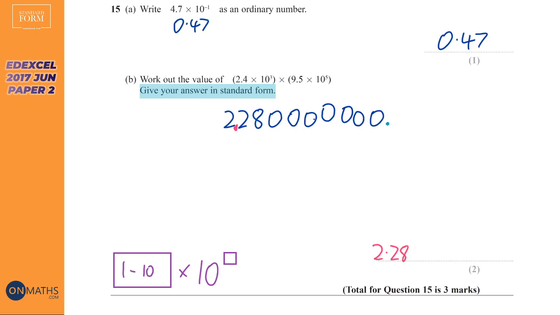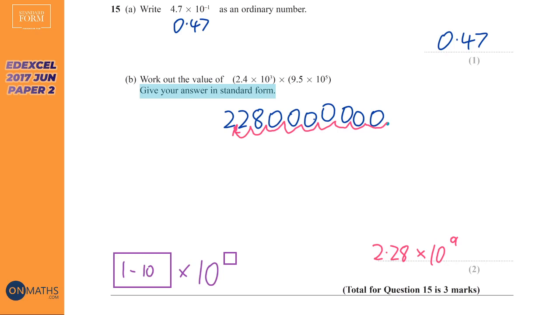Next we need to figure out how to get there. What we do is count the jumps from where the decimal point is to where we want it to go. So it's 1, 2, 3, 4, 5, 6, 7, 8, 9. So 9 jumps. That 9 becomes the power of 10. It's that simple.